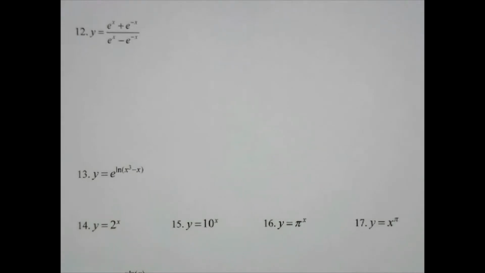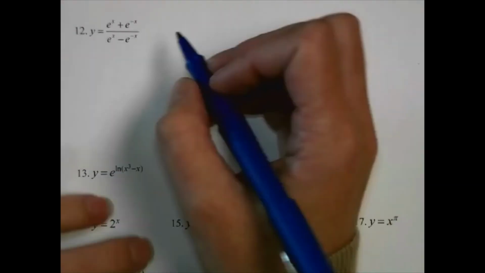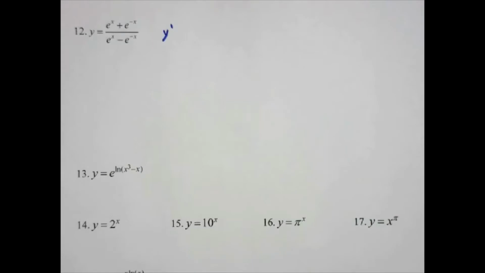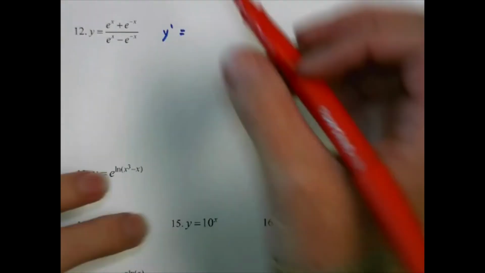Okay. On the next page, this funny looking equation is actually a hyperbolic trig function, which you don't necessarily need to know to complete this problem, but that's what this is. So we are going to use the quotient rule here. So this is going to take up some room.